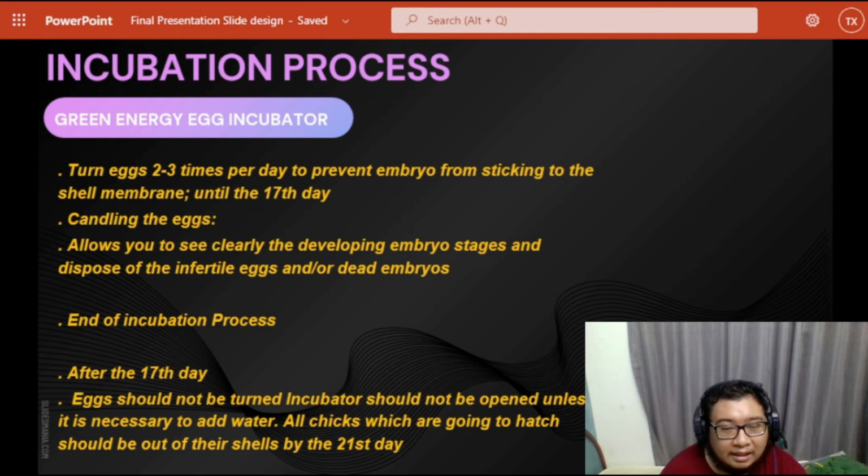At the end of the incubation process, after the 17th day, the eggs should not be turned. The incubator should not be opened unless it is necessary to add water. All chicks which are going to hatch should be out of their shells by the 21st day.